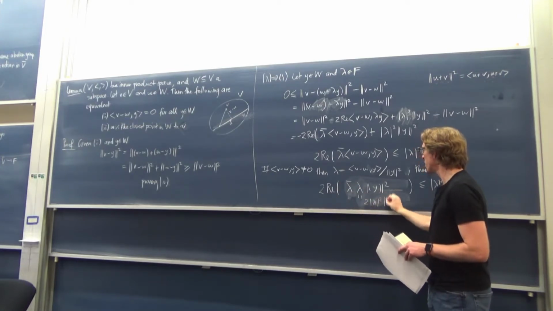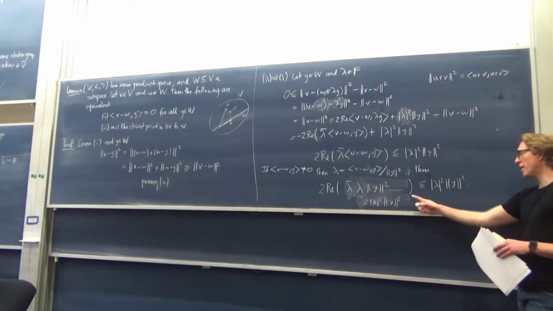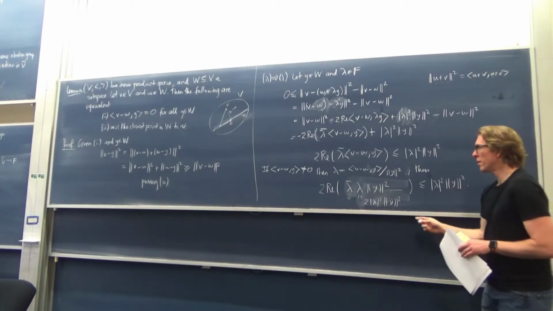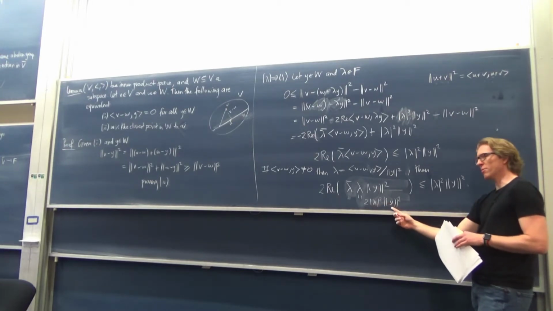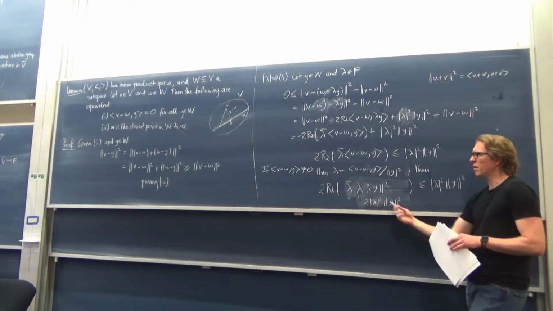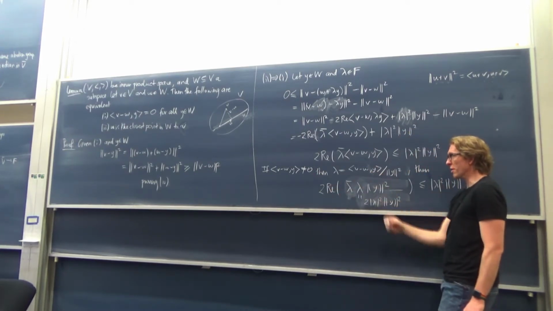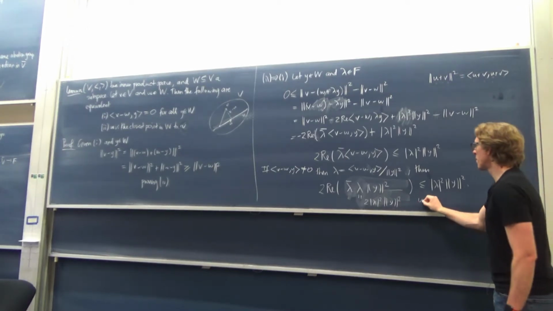That's the modulus of lambda squared times the modulus of y squared. I'm claiming twice of it is less than or equal to itself. And moreover, this is not 0. If either lambda or y was 0, this would be fine, right? But lambda is this, and that's not 0 because we assumed the numerator was not 0, and y is not 0. So that's a contradiction.